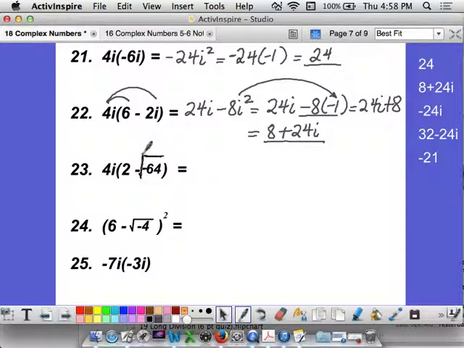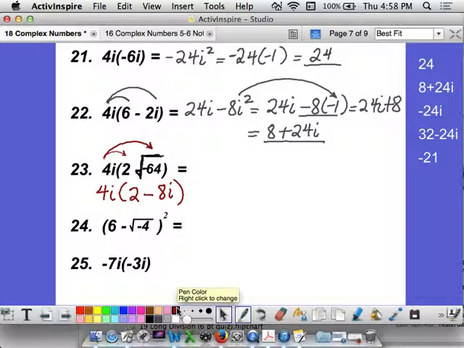So I have 4i times 2 minus the square root of negative 64, which is 8i. Let's just make sure everybody's clear on this. The square root of negative 64 is 8i.